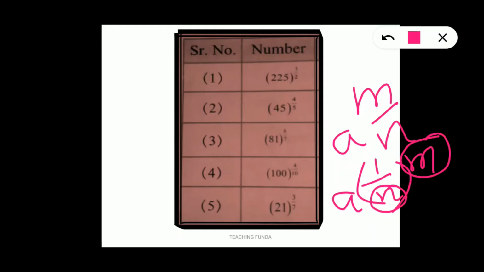Now see the first question: 225 raised to 3 upon 2. In the power place there is the number 3 and in the root place there is the number 2. How can you write the answer? Cube of square root of 225.